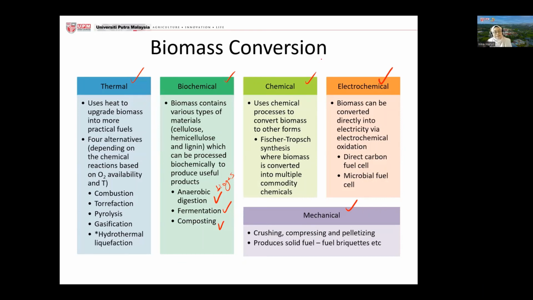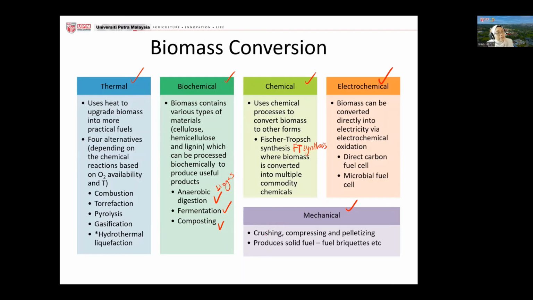Now, chemical. Chemical processes convert this biomass to other forms. For example, Fischer-Tropsch synthesis, also called FT synthesis. It's a chemical process related to heat and pressure, and it turns the biomass into chemicals.